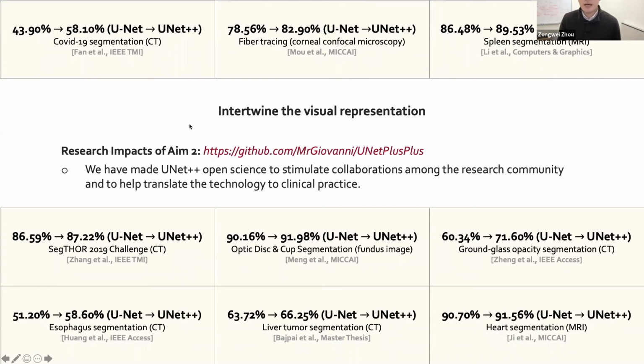And these tasks use different imaging modalities, such as CT, MRI, microscope, fundus image, and so on. This also shows the robustness and generalizability of UNet++ across different medical specialties, not just the 5 applications that I showed you before in our paper.